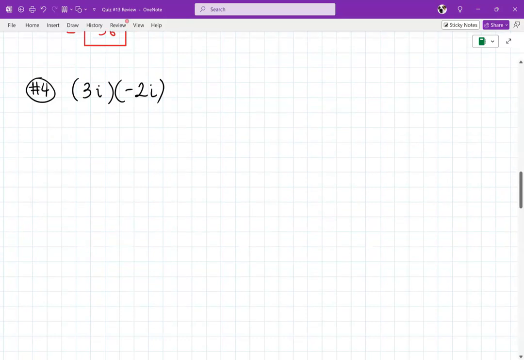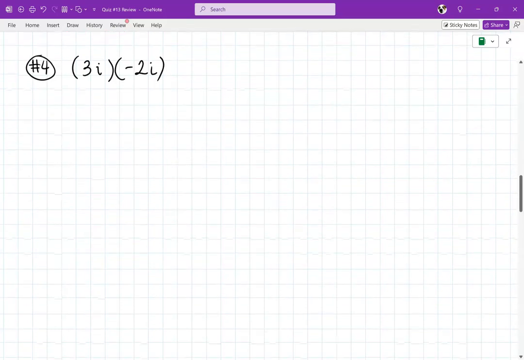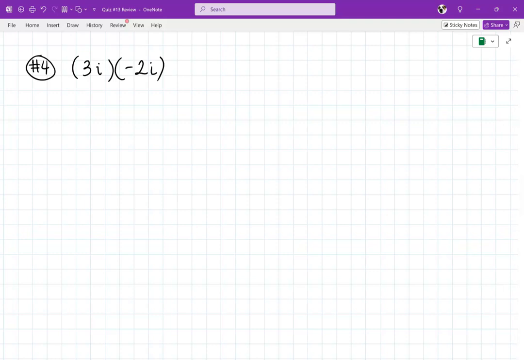So here's number 4. So this one's just multiplying, so nothing difficult, just multiply it out. So 3 times negative 2, that's a negative 6, and i times i is i squared. But we know that i squared is negative 1, so negative 6 times negative 1 is a positive 6.